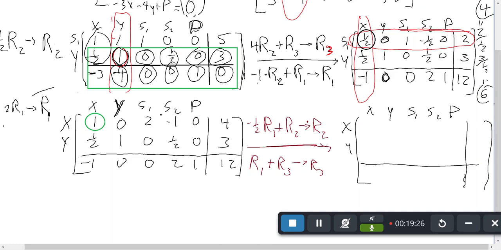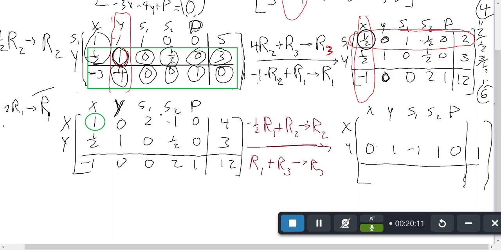Let's carry out our row operations. -1/2 times row 1 plus row 2 gives me a 0, replacing row 2. -1/2 times 0 plus 1 gives me 1. -1/2 times 2 gives me -1 plus 0 gives me -1. -1/2 times -1 gives me +1/2. Add a half to that and I get 1, and then 0 and 0 gives me 0. And then negative a half times 4 is negative 2 plus 3 is 1.